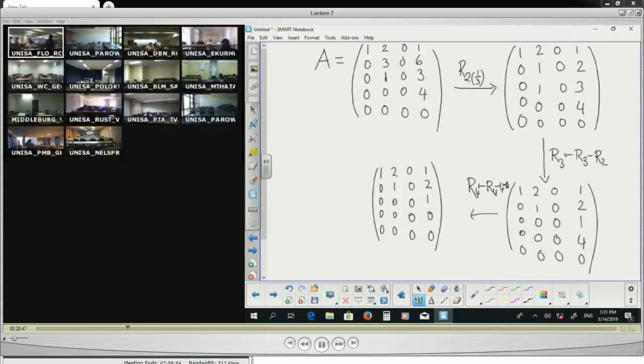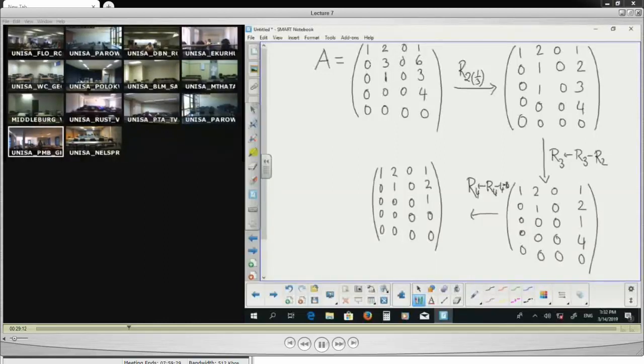Interchanging a column means say if you interchange the second and the third column, that means you have interchanged x2 and x3. So you have to be careful. Okay? No changing of columns. Columns cannot be interchanged.